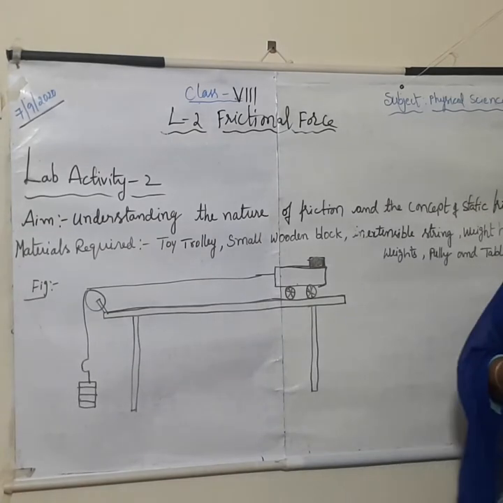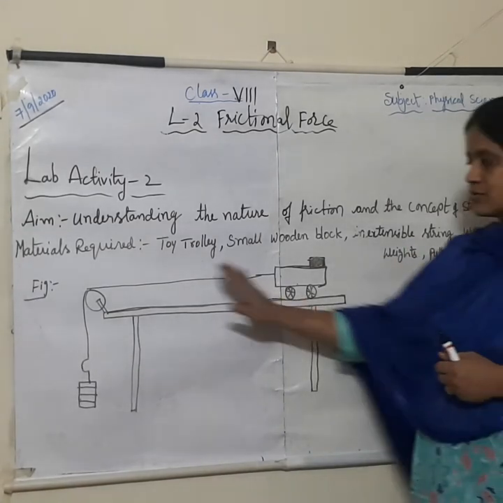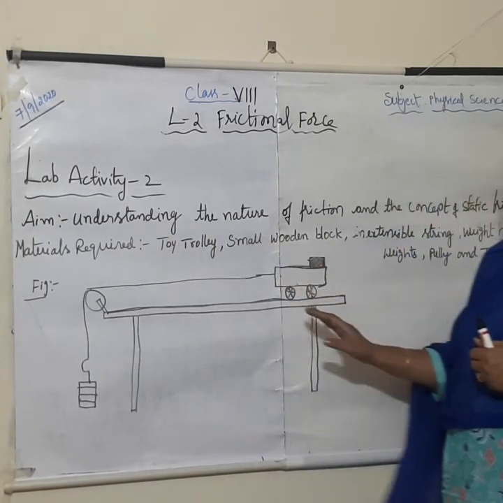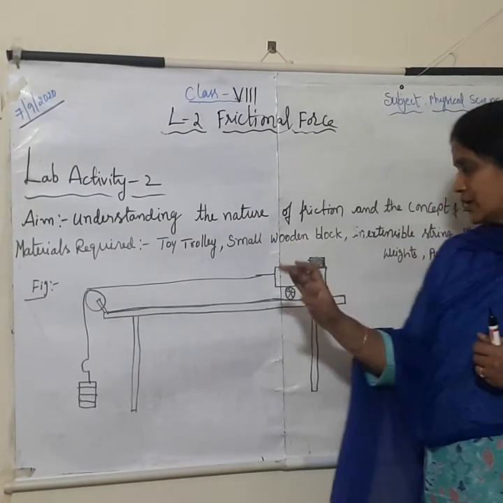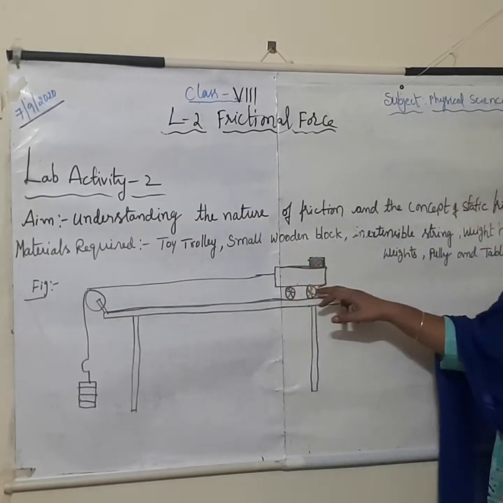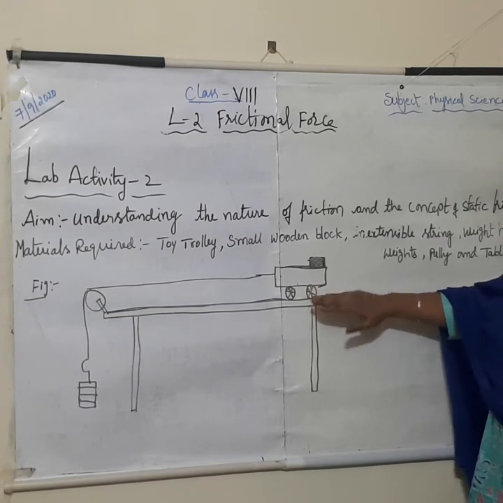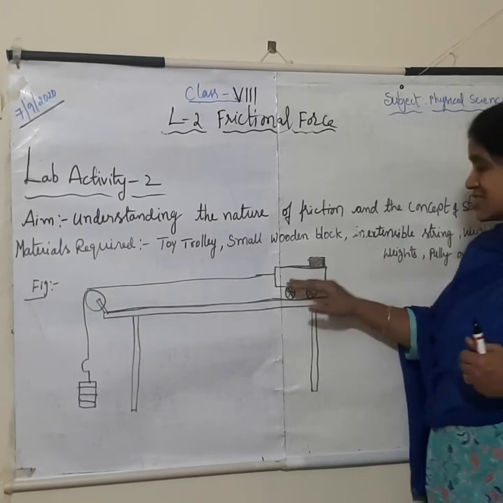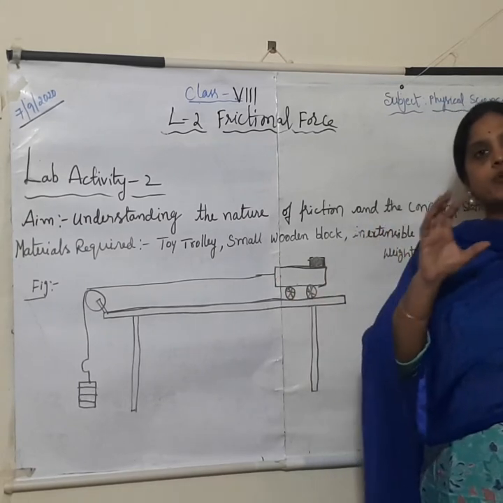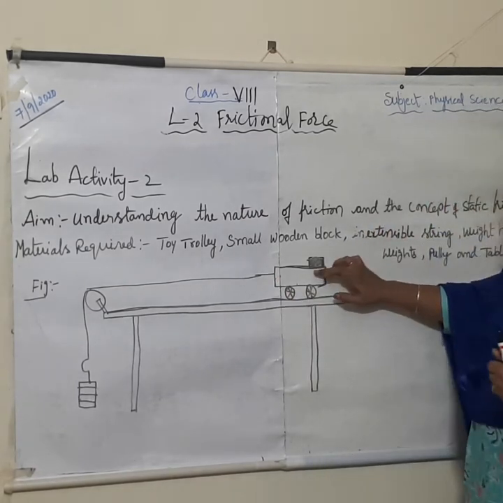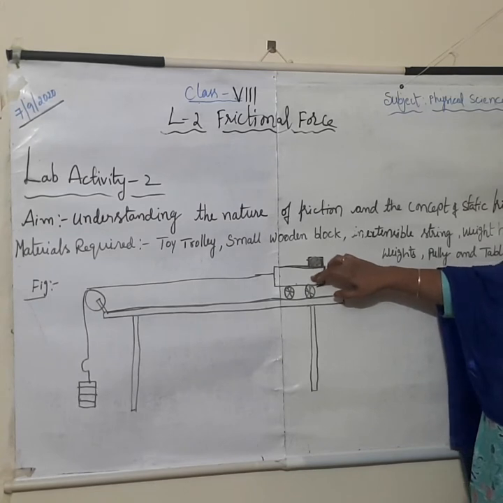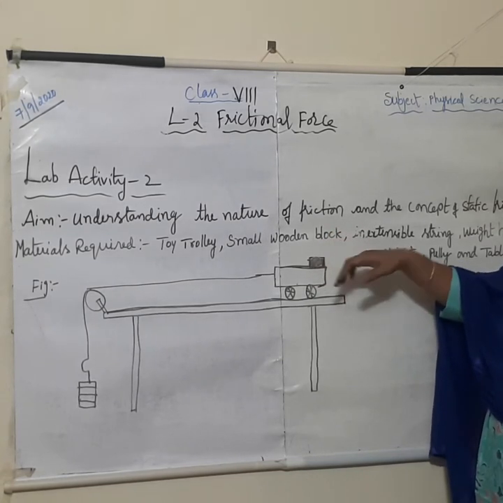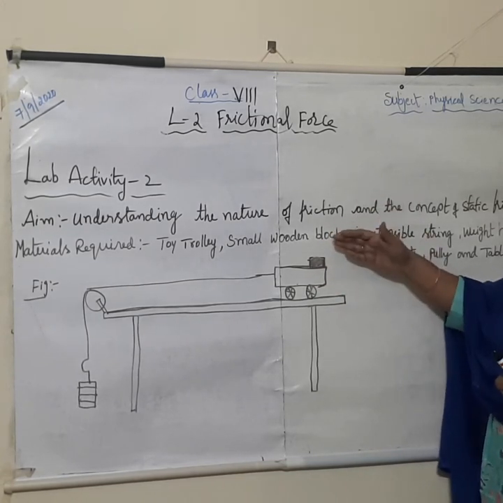Now coming to the procedure. First you take the table. On the table you take the toy trolley like this, and place it at one end of the table. On that trolley, you take one wooden block and place it on the surface of the trolley.